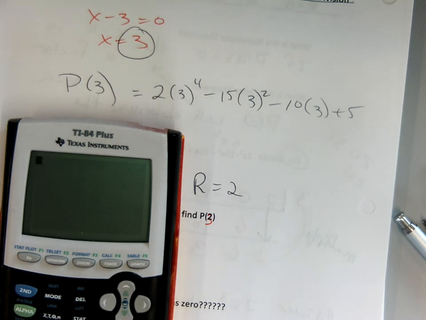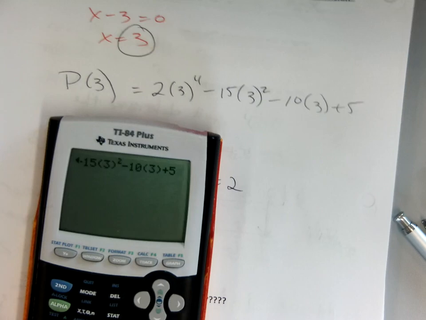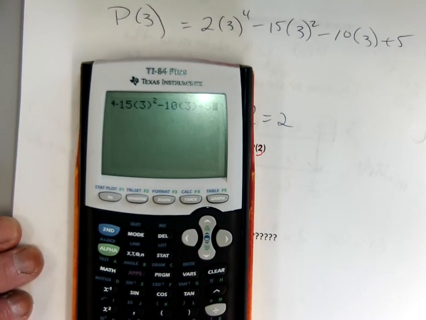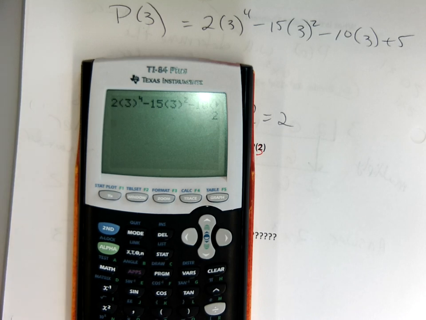Try this again. 2 times 3 to the 4th power minus 15 times 3 to the 2nd power minus 10 times 3 plus 5. And before I enter, I know the answer has to be 2. Boom. What is it? 2. Had to be 2. Right?